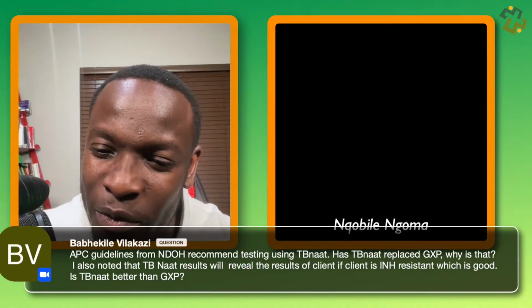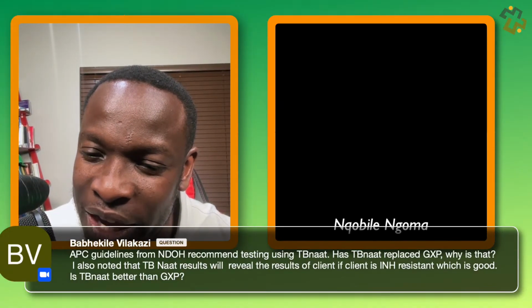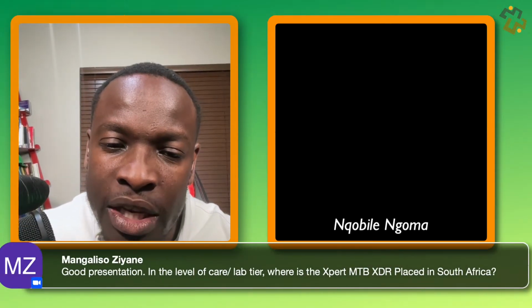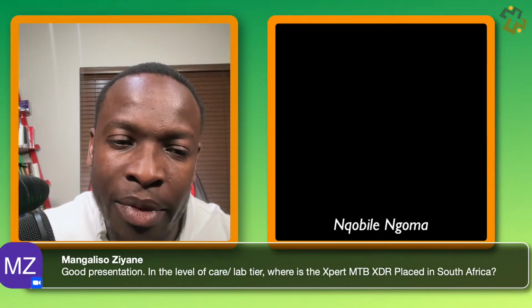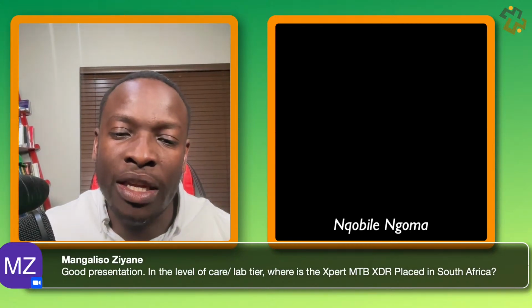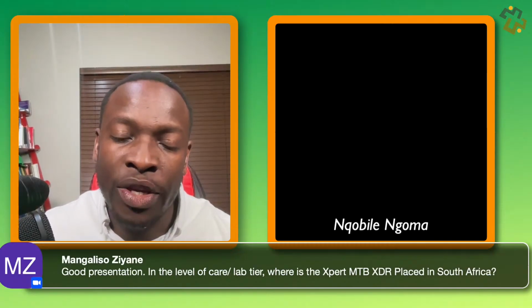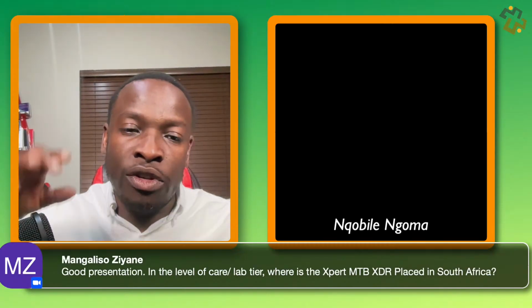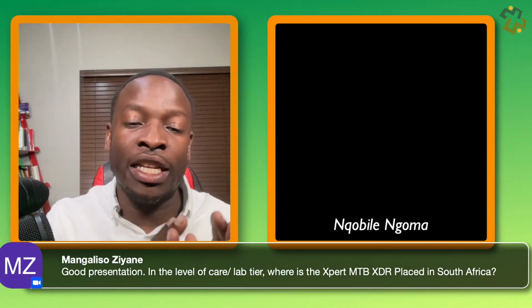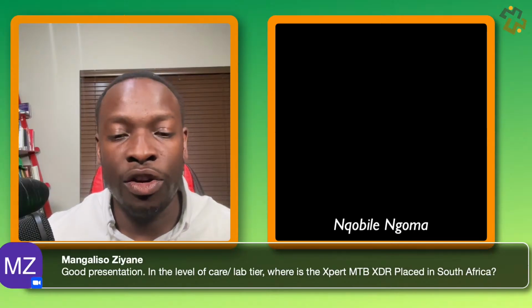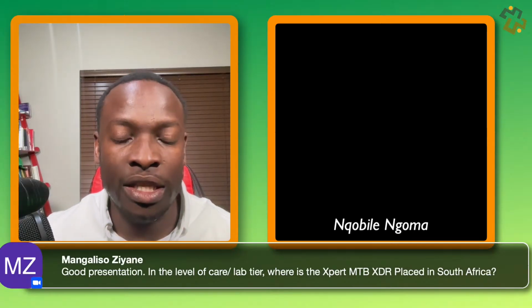Maybe colleagues, if we go back to clarify, because I think you'll get stuck. The question by Mangaliso says Xpert MTB XDR, right? So firstly, you have your TB NAT. Under TB NAT, currently in South Africa, you've got three PCR or nucleic acid amplification tests.